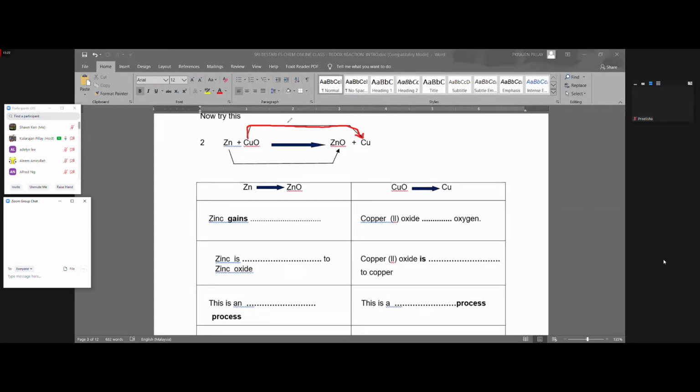So this is reduction, RED. Put that down first. And then zinc becoming zinc oxide. Can you see? You gain oxygen. So this is oxidation. You combine RED and OX, it becomes a redox reaction. Okay, now answer. Follow the same as the first one.